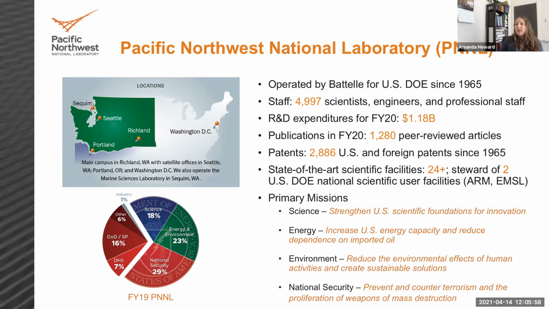I'm located in Seattle. So we have satellite offices in Seattle, Portland, and Sequim. Sequim is a marine sciences laboratory. Being in Seattle works really well for me, but it also means that I'm close to University of Washington, so I have the opportunities to interact there.